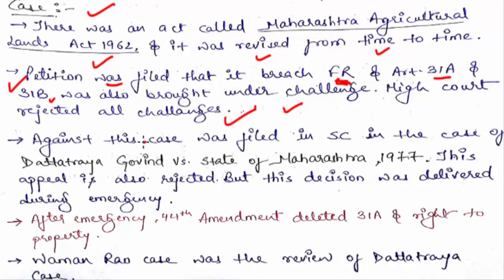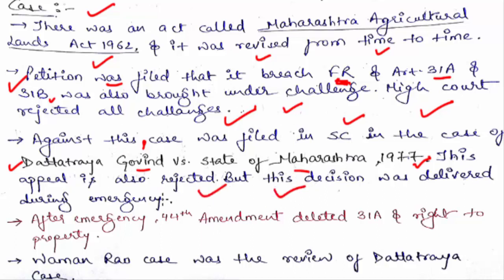Now against this, a case was filed in the Supreme Court, Dattatreya Govind versus the State of Maharashtra, 1977. After the Keshavananda Bharati case happened, when the petition was rejected in the High Court, again a case was filed in the Supreme Court by the name Dattatreya Govind versus the State of Maharashtra, and this appeal was also rejected, right?